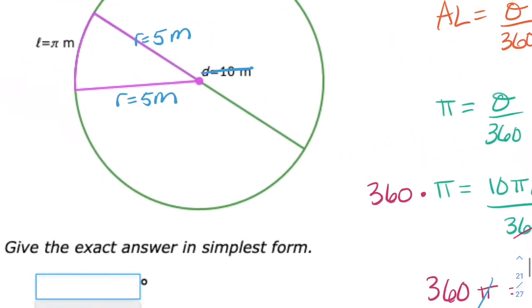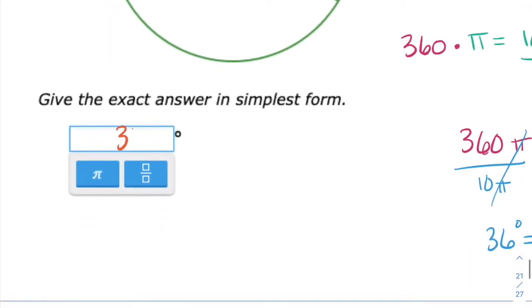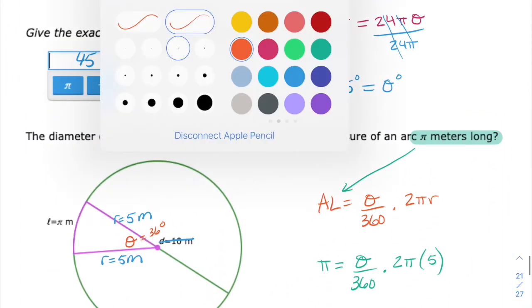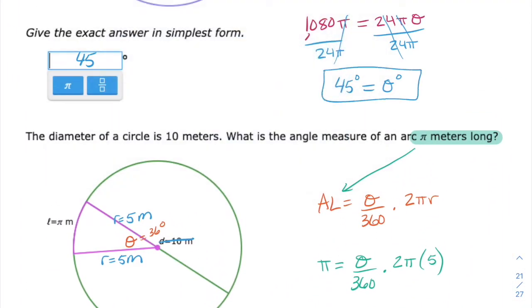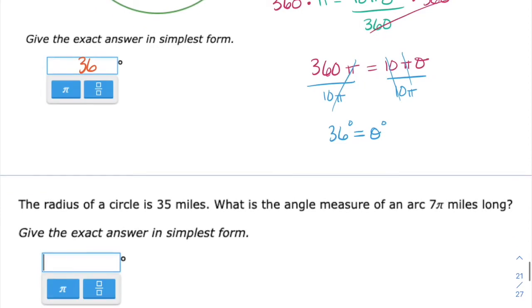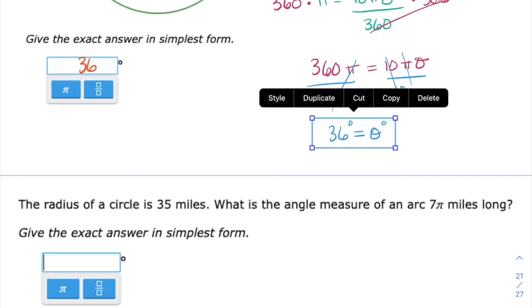So theta equals 36 degrees. And we are done with that one. So let me just box this. We got that one boxed, we got this one boxed. And there we go.